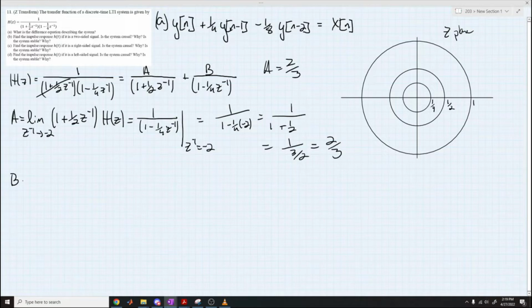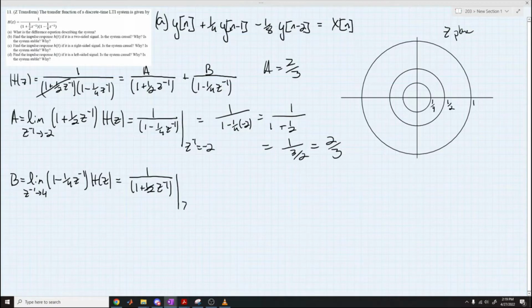So now I say B is equal to the limit as z to the negative 1 goes to 4 of 1 minus 1/4 z to the negative 1 times H of z. And that leaves me with 1 over 1 plus 1/2 z to the negative 1.